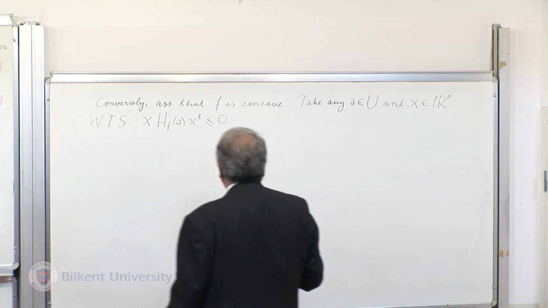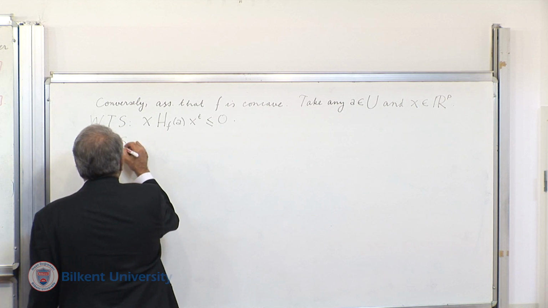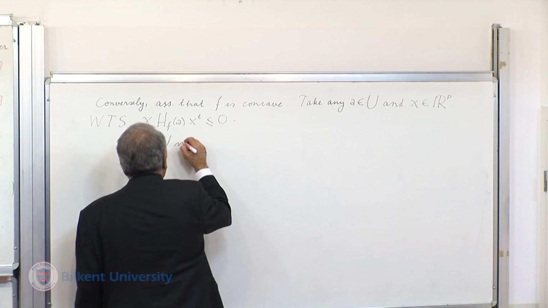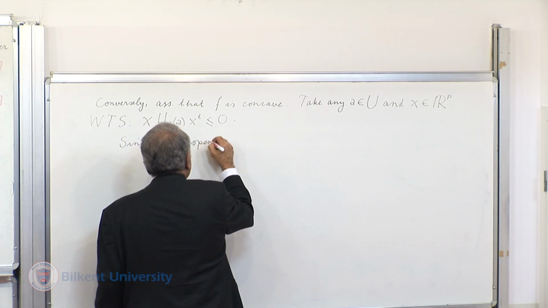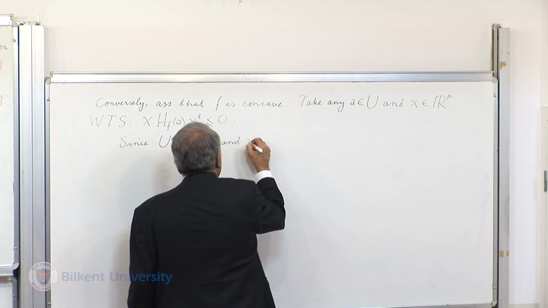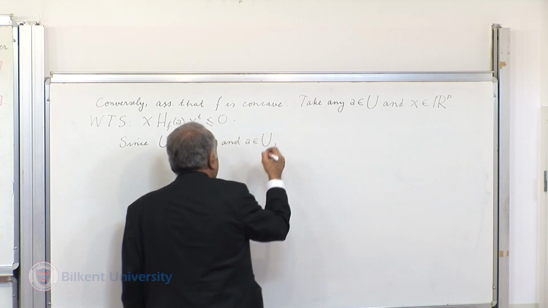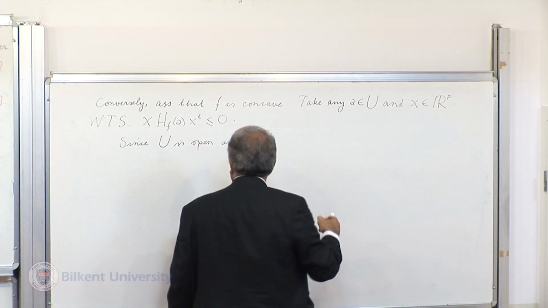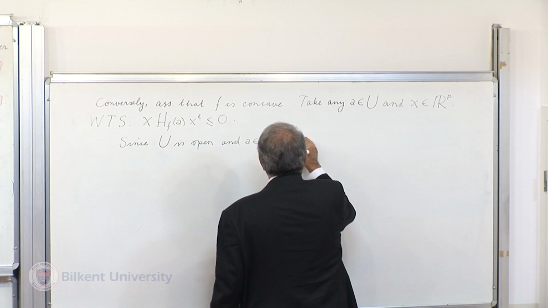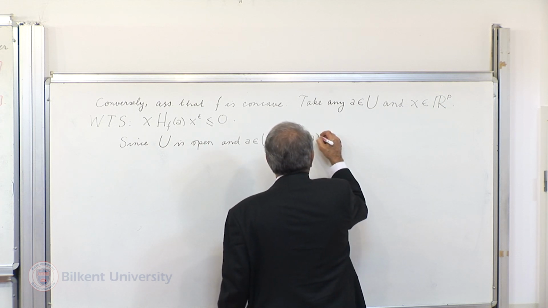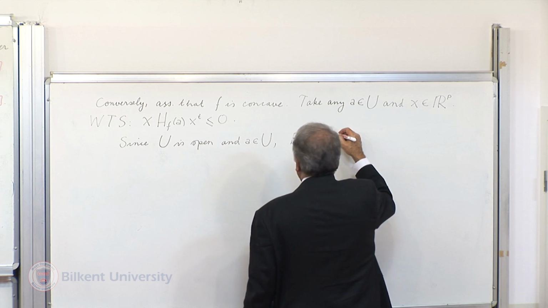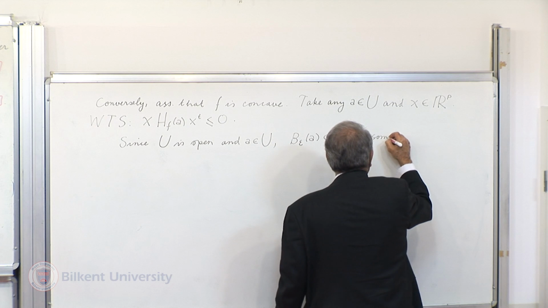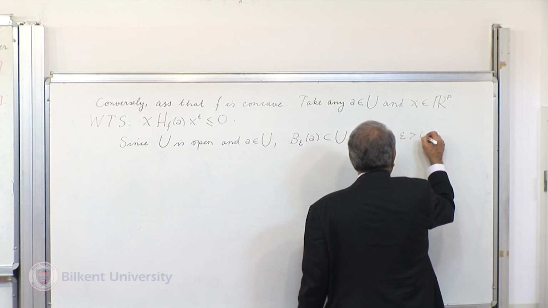Okay, so first, since U is open and A is in U, there is some epsilon ball about A, B epsilon of A, which is entirely contained in U for some epsilon positive.